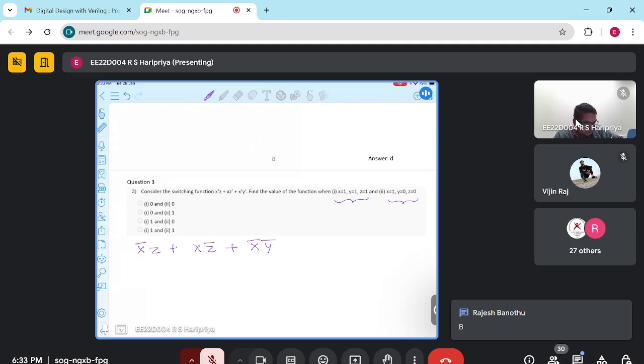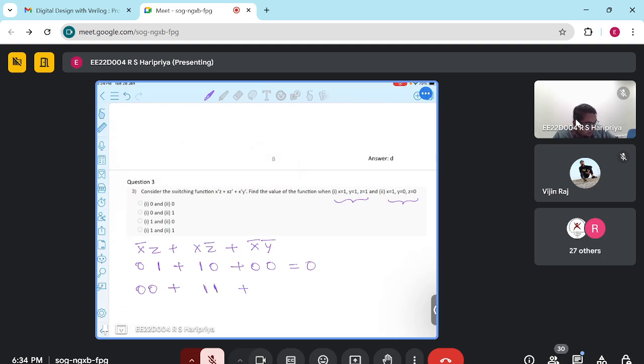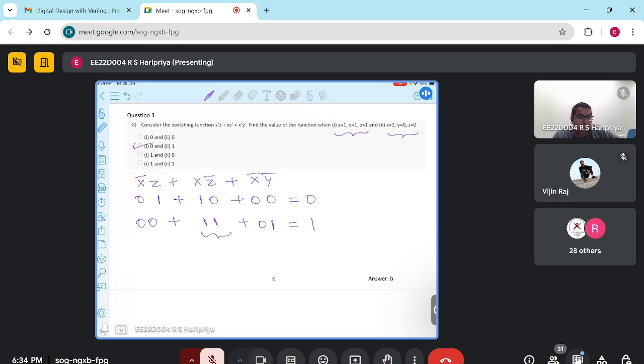Yes, so first let us apply x is 1, y is 0, z is 1. 0 OR with x is 1, 0 OR with 0 is 0. So this gives 0. The next set of values: x complement 0, z 0, plus x z complement plus x complement y complement is 1 because we have one value. So it is option B.